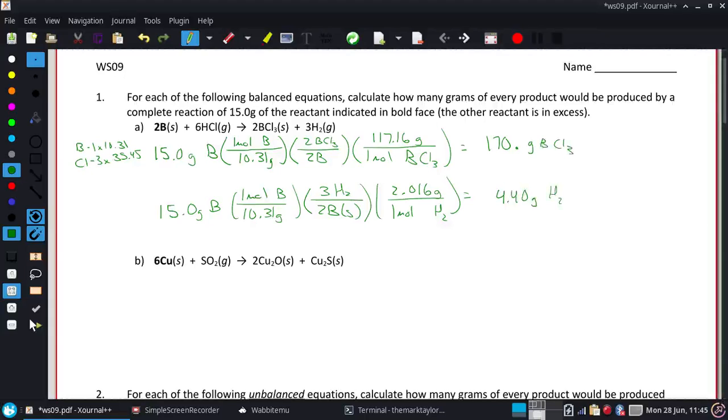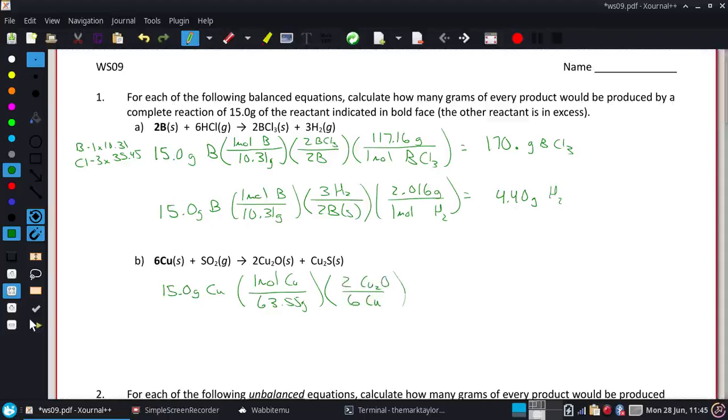All right, next one, I got copper, and it's also going to be 15 grams of copper. Periodic table, you see that 1 copper is 63.55 grams. The first one, I'm going to take those 6 coppers and make 2 copper oxides.